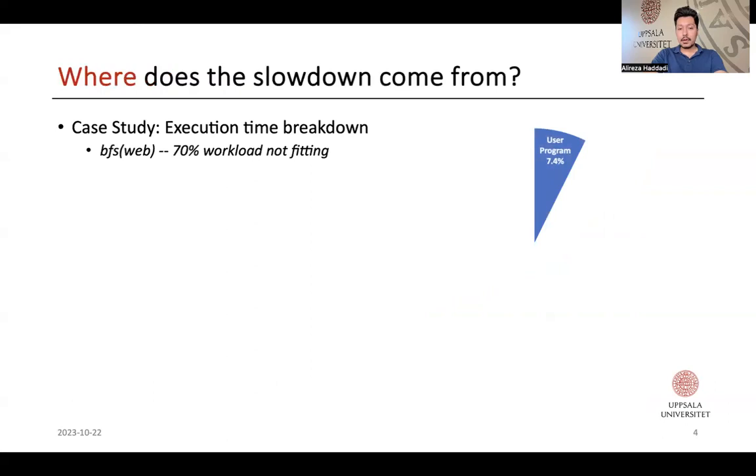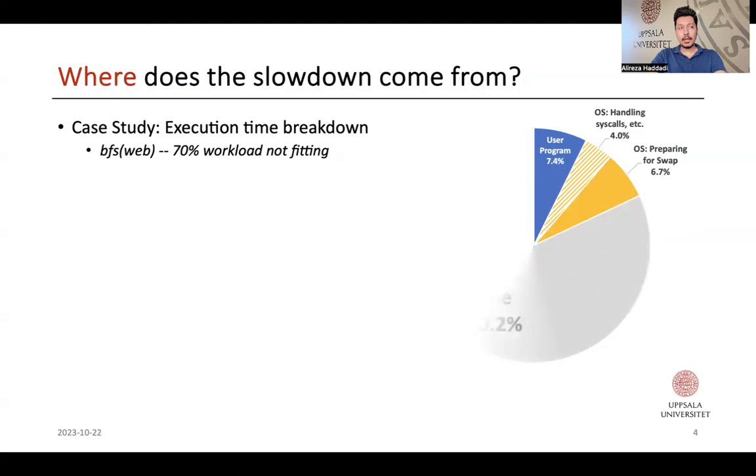Out of the entire execution time, only 7.4% is dedicated to the user program, which is the BFS algorithm. And 4% of the execution time is dedicated to the operating system when it handles the system call. 6.7% is dedicated to a part of the operating system where it prepares for swapping.